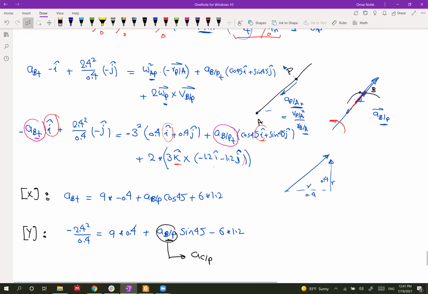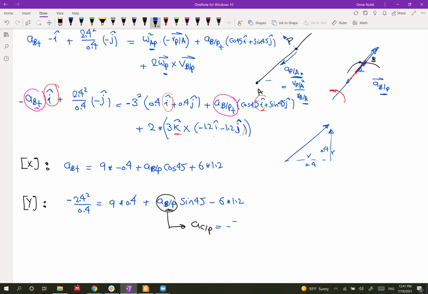And this should give you ACB is negative 5.09 meters per second squared. And then you substitute in this equation to get the AB tangent. And this should be equal to negative 14.4 meters per second squared.